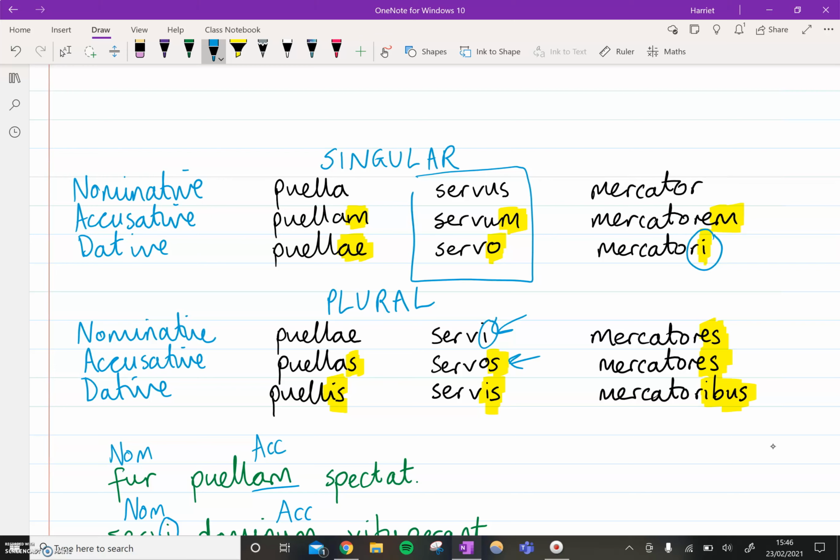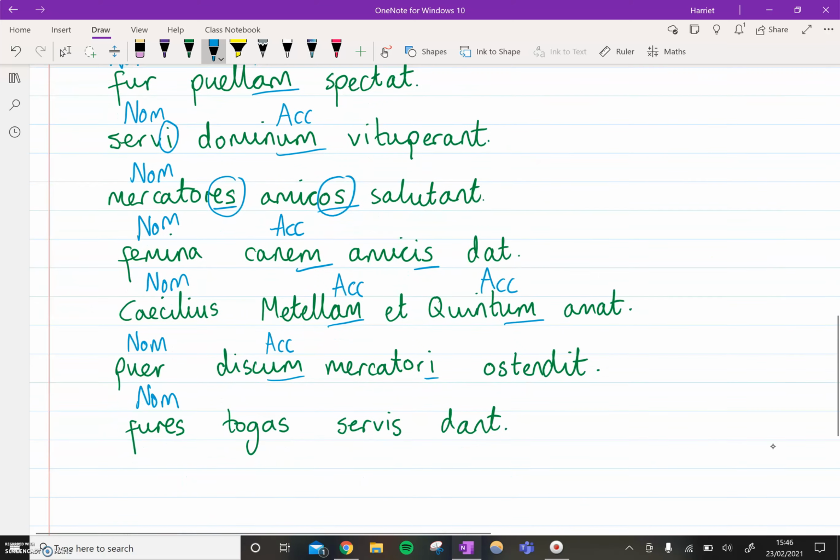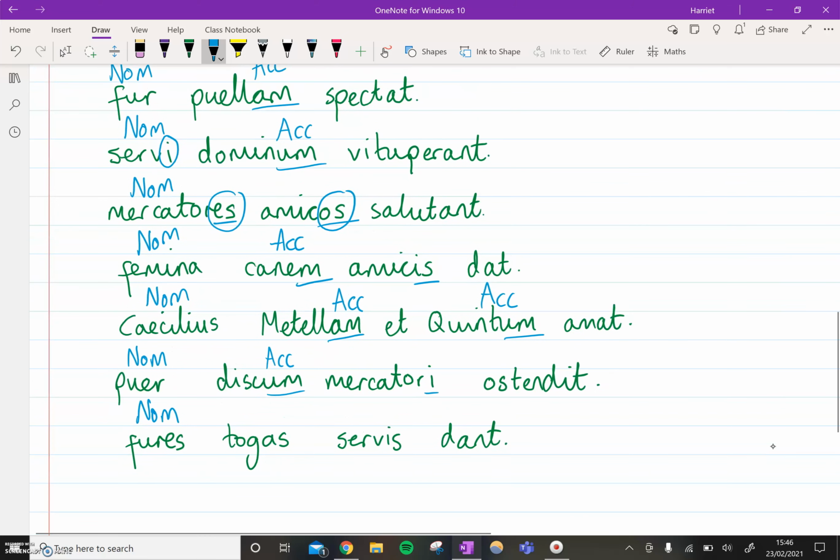Mercatori with an I on the end is here, so he must be dative singular, so he must be 2 or 4. So that means that this one here is your dative. So this sentence translates to the boy shows, ostendit, and then your accusative, the discus, and then your dative, to the merchant. So you've included that translation of 2 or 4 there.